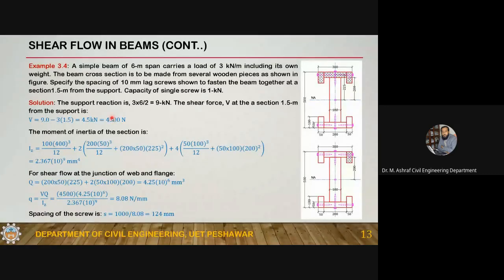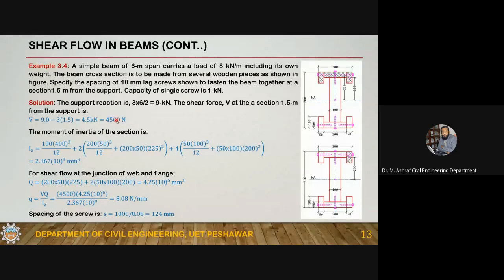So if you are calculating the spacing exactly at the support, then you will have to double the shear, and this spacing will decrease from 125 to 125 divided by 2, which is 62.5 or 62 millimeter. So it will reduce to 62 millimeter at the support, because at the support the value of the shear force is not 4,500, that is 9,000, double of this.